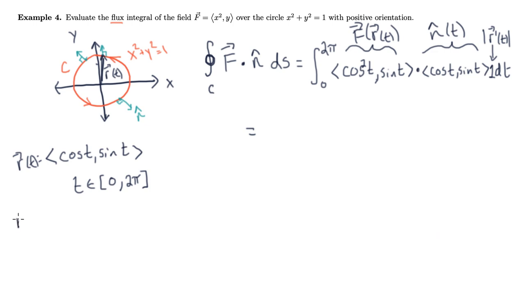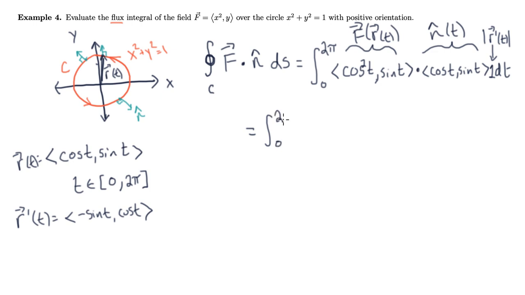Because if I look at the derivative, it is actually also a unit vector. So it's negative sine t, cosine t, and if I find the magnitude of this vector, I get 1. So here are the components that go in when I do my parameterization, and there we are. We're good to go.